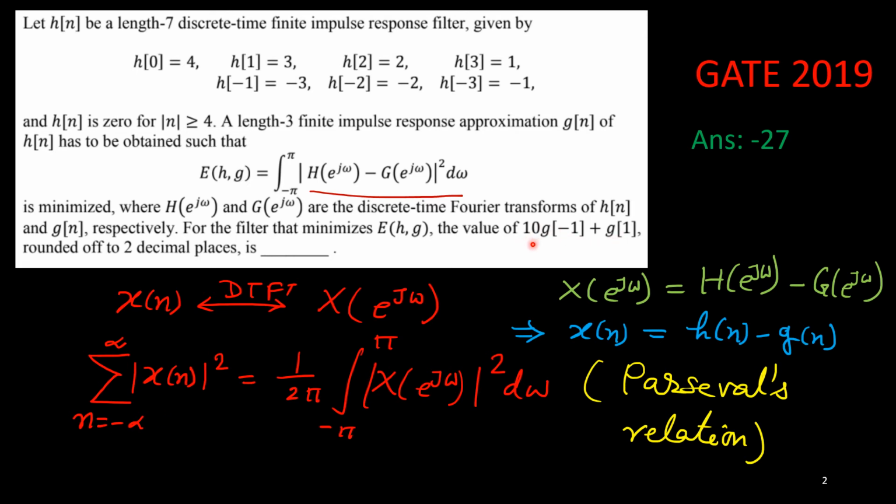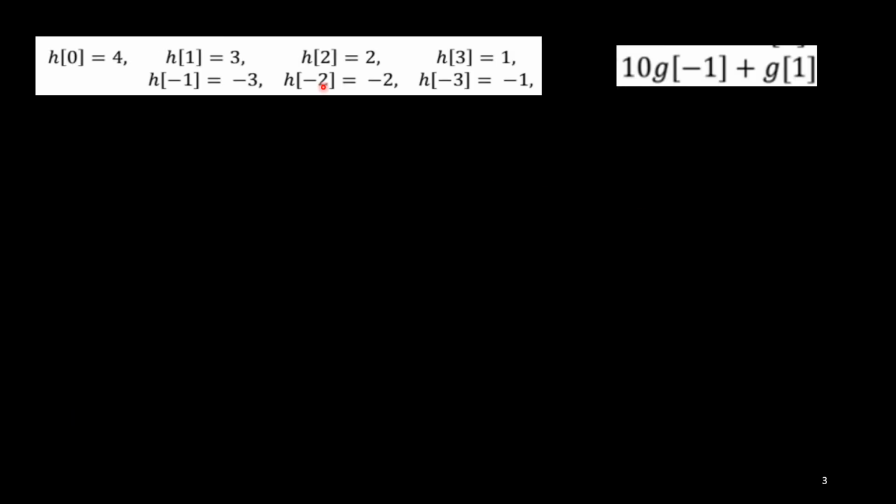So we have to use this idea to solve this problem. And at the end we have to compute this value only. So if I can find the elements of g, then we can compute this expression, right? Now we'll consider all this. So you see this is your h of n given. This h of n sequence at 0 is 4, and on the right side it is 3, then 2, then 1, and on the left side it is -3, -2, and -1.